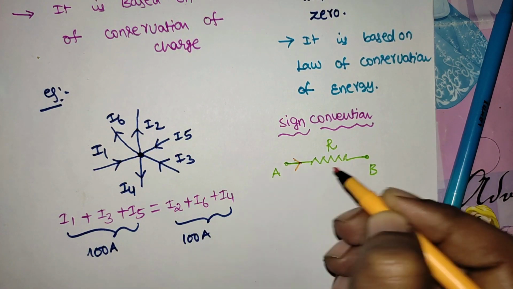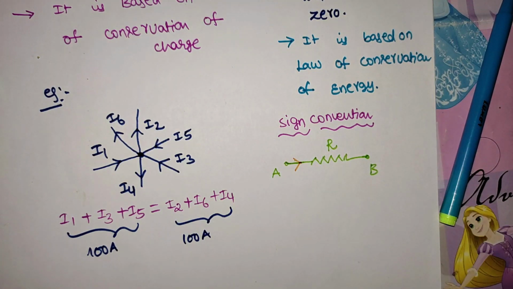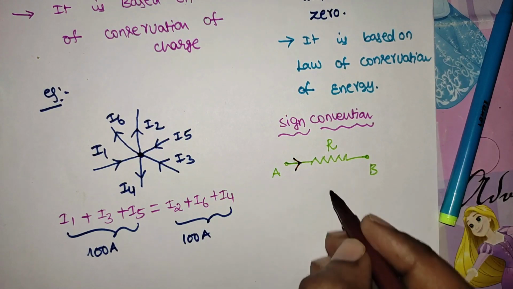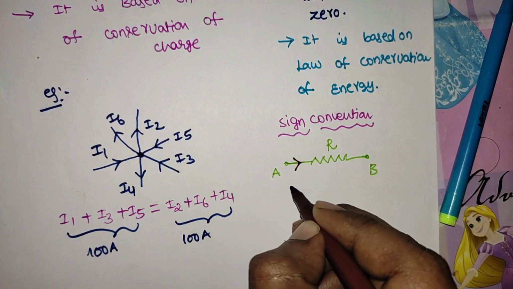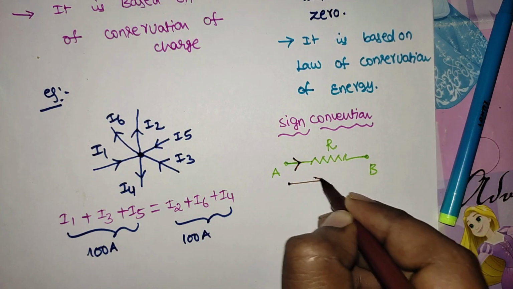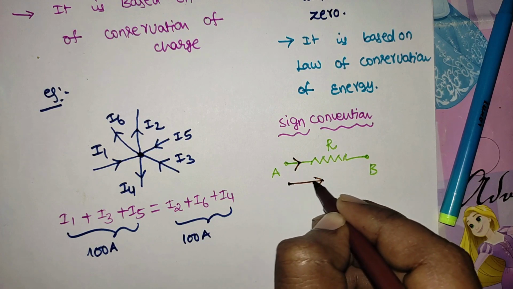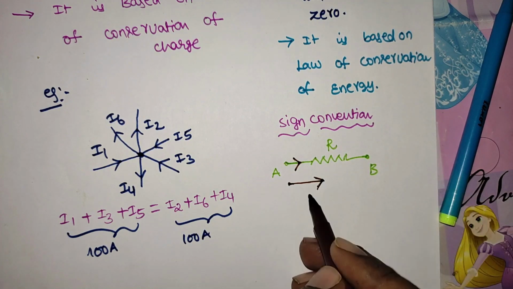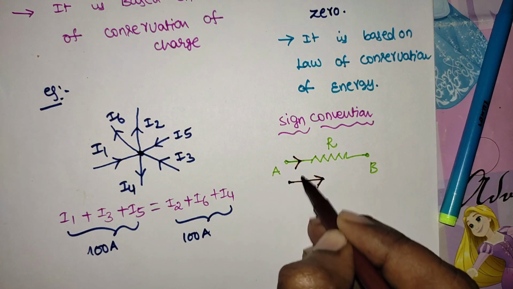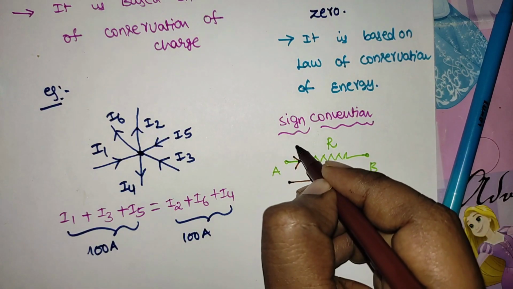Suppose the current direction is from A to B, and the imaginary path is also in the same direction. So this is the path direction and this is the current direction. When both are traveling in the same direction, it is taken as negative.